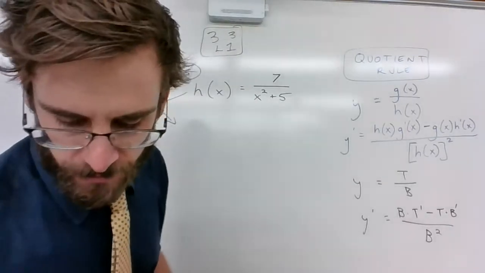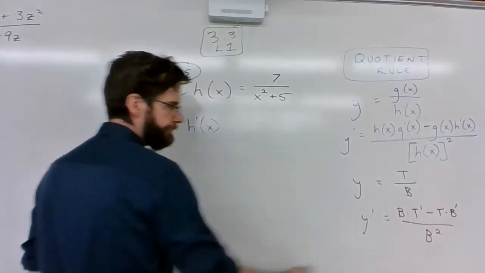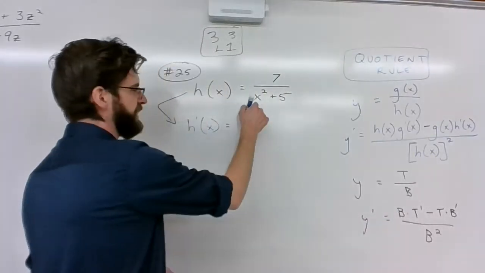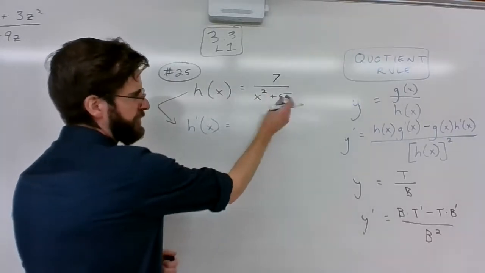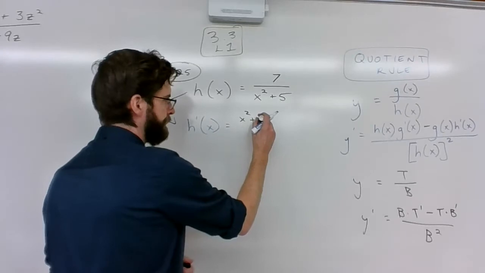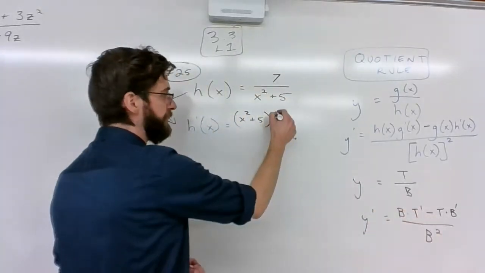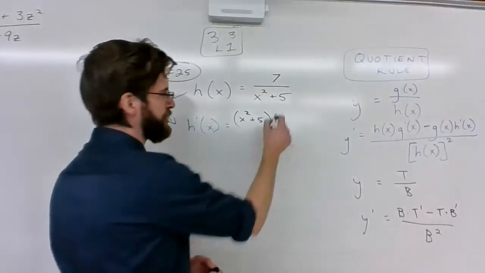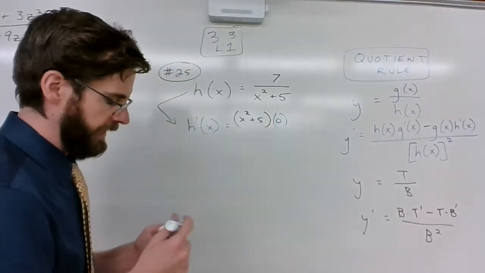Blue means take the derivative. Bottom is x squared plus 5. So, this is me not actually changing x squared plus 5 times the derivative of the top. Well, the derivative of 7, it's a constant, so it's just going to be 0. Okay?